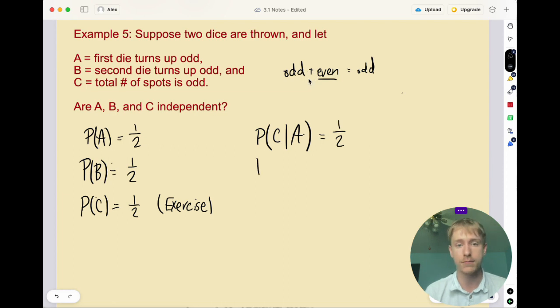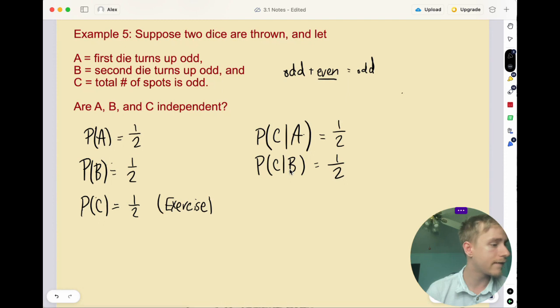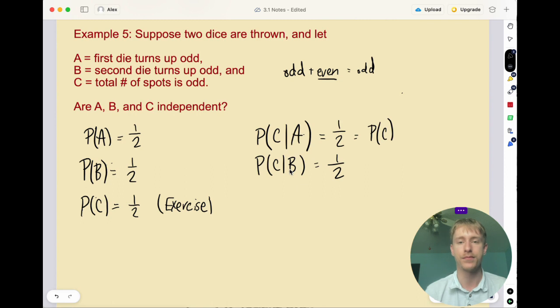Likewise, the probability of C given B is also 1/2. Now we get that the probability of C given A was just the same as the probability of C. By our first definition of independence, this implies that A and C are independent.